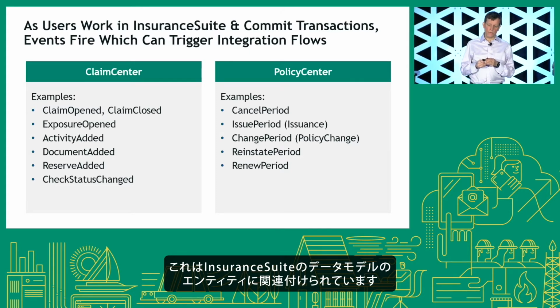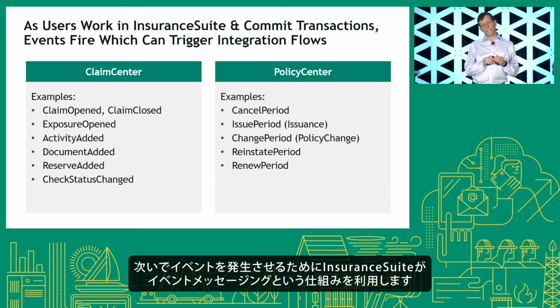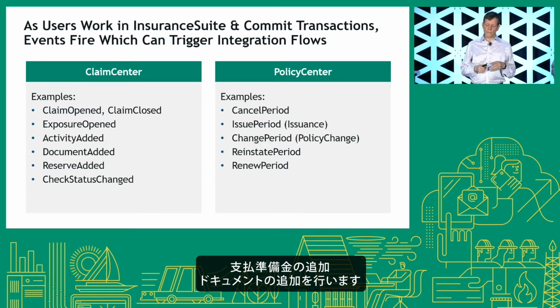Okay? So the general flow is work getting done, transactions getting committed, and then InsuranceSuite uses this mechanism called event messaging in order to raise events. These events could be data-oriented events, like CRUD-like events: creating things, updating things, adding reserves, documents being added, that kind of thing.